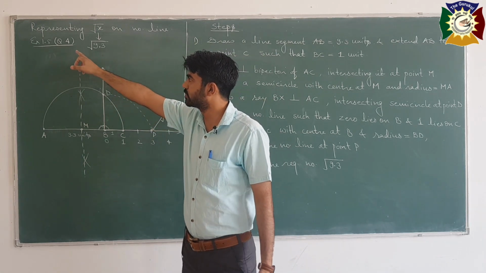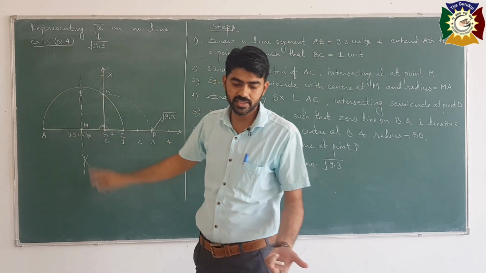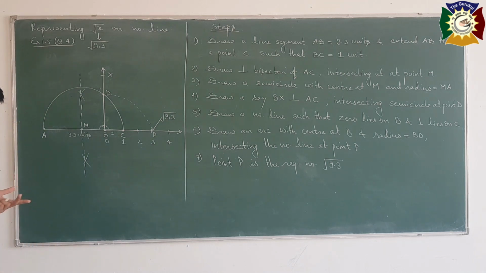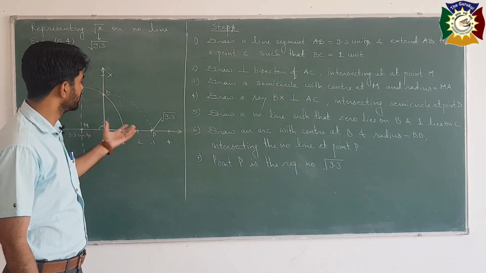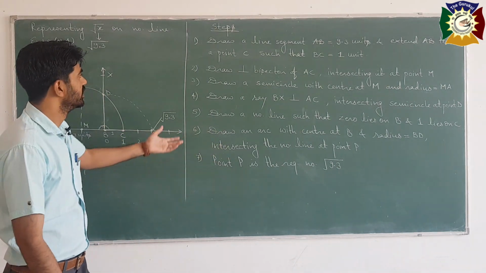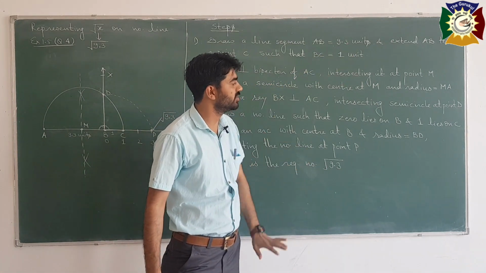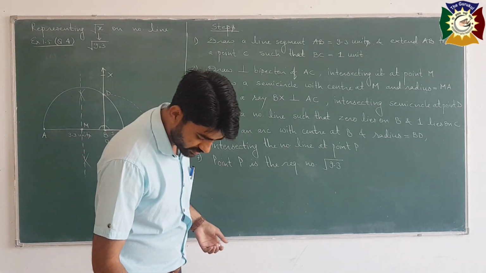Since the question was given in our exercise, that's why I have taken 9.3. The steps will be the same for all, only the number will change. Suppose it is 11.5. So we will take this as 11.5. Rest steps will be the same. Okay. So this way we can represent any number on the number line.